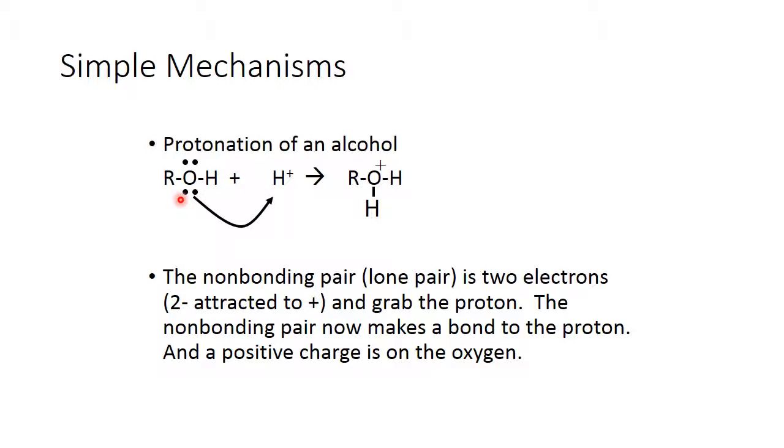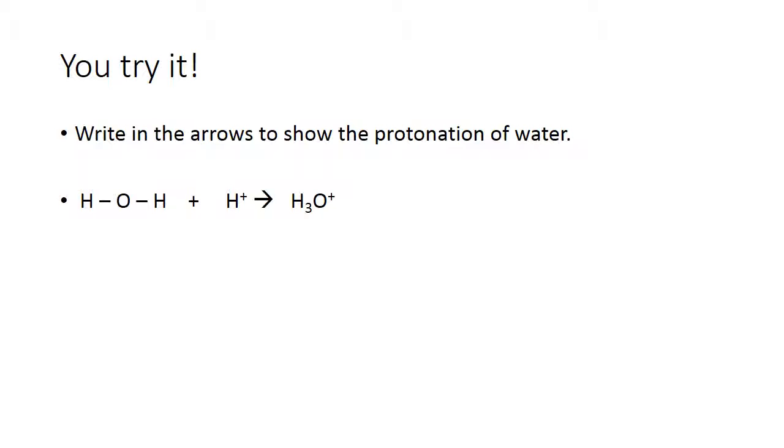It's not leaving it completely, but full electrons going into a bond is going from 2 electrons to 1 net electron formal charge-wise. So it becomes a positive charge on the oxygen. The hydrogen was positive, electrons are reaching out to it, so now it becomes neutral. So basically the non-bonding pair becomes the bond right here between the two. And we show an arrow showing that bond formation. Draw in the arrow to show protonation of water.